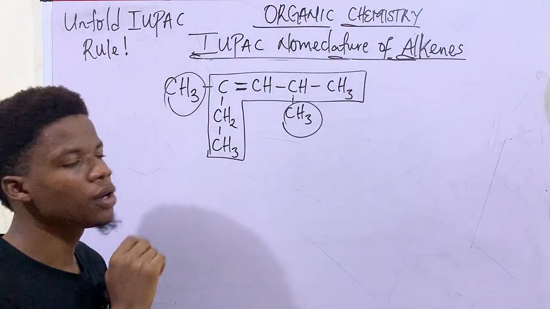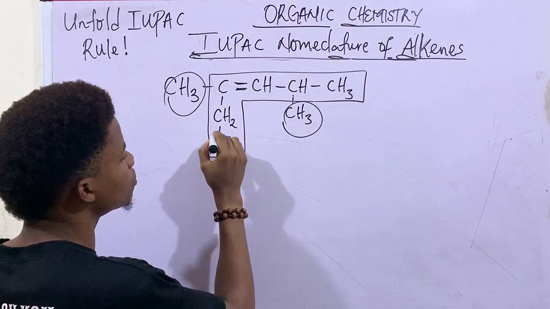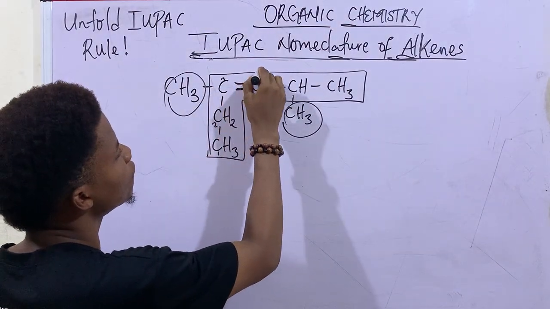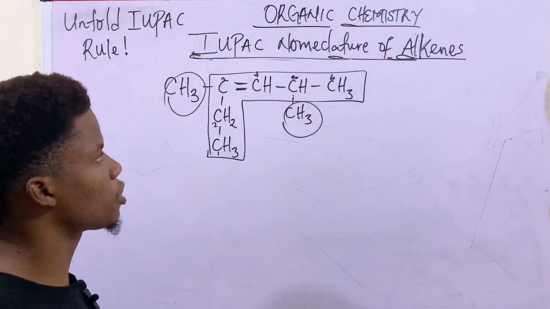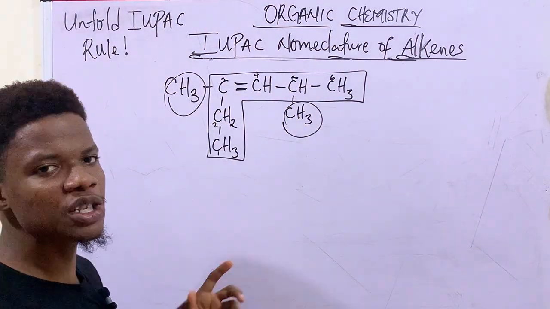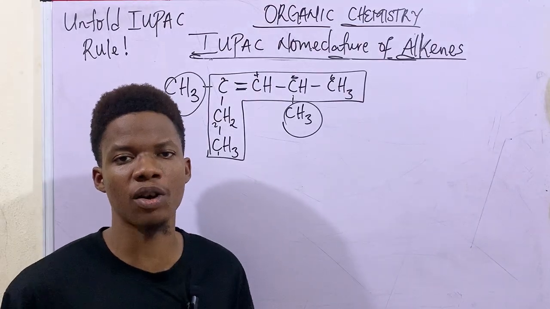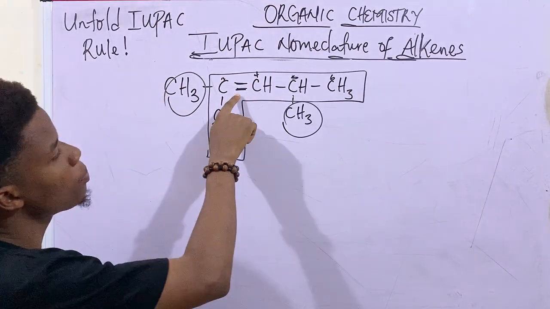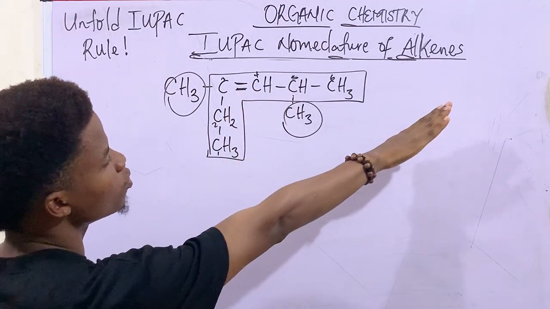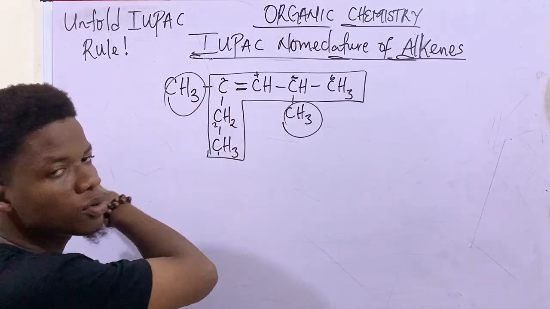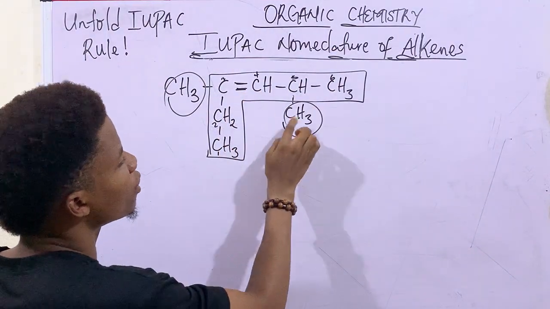So when we are numbering, what do we get now? 1, 2, 3, 4, 5, 6. But if you look at this compound very well, it is a symmetrical compound. From the double bond, the number of carbons on the right is equal to the number of carbons on the left. If you look at this double bond, 1, 2, 3, 4, you have 4 carbons.